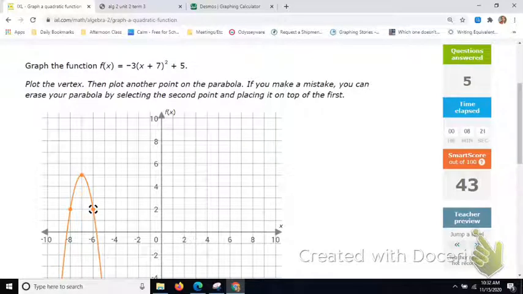Again, I could plug in the points, but it's going to be simpler to just follow that a to get the next point. And the reason that works is because you would be getting a 1 inside the parentheses. You can't keep going down 3 over 1 because it's not a straight line.